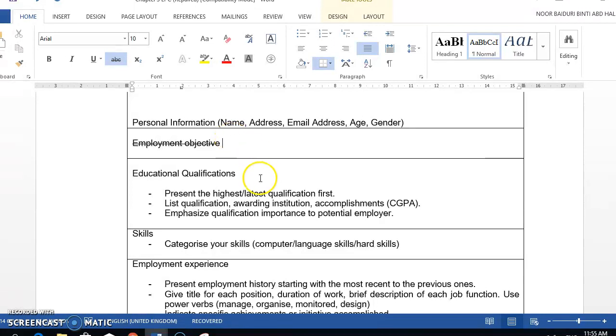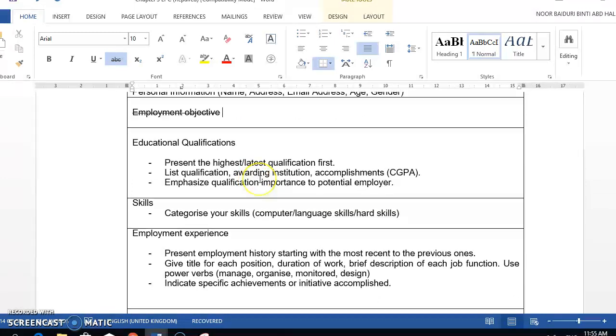Okay, next is the most important part, which is your educational qualifications. All right, so this is where you declare what is the area of study that you have done, either it's for degree or diploma, and you need to include what is the awarding institution. For example, which university did you graduate from?